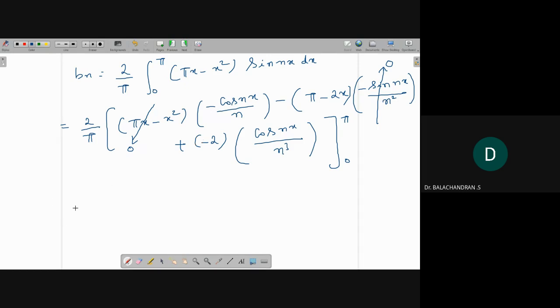What is the third term? You have minus 2 into minus 2, minus 4 by pi n cube. Cos n pi is minus 1 whole power n, minus cos 0 is 1. So I took minus 1 commonly.